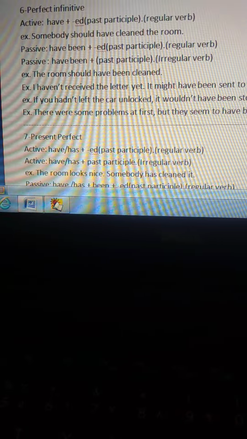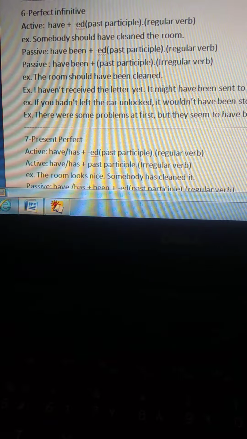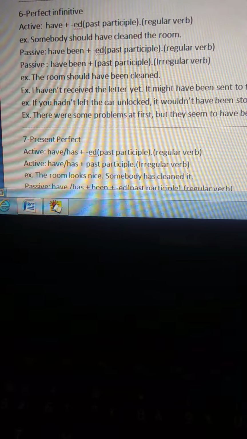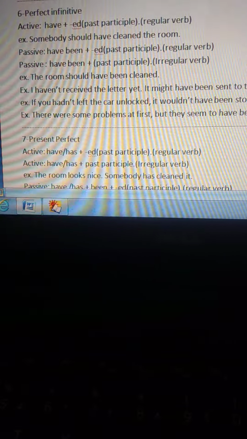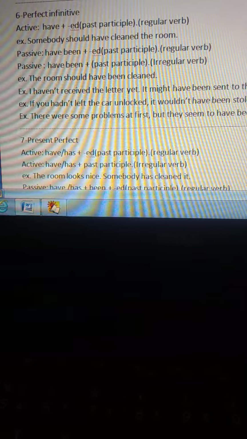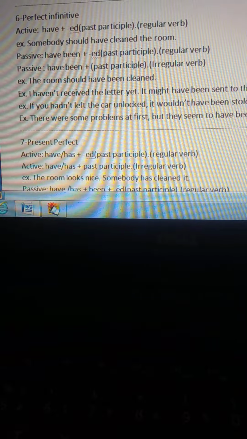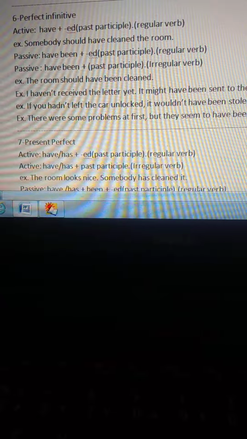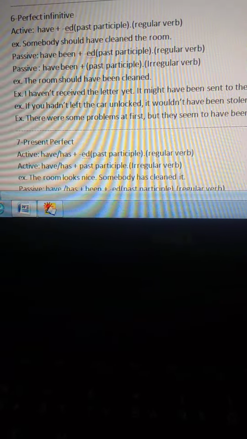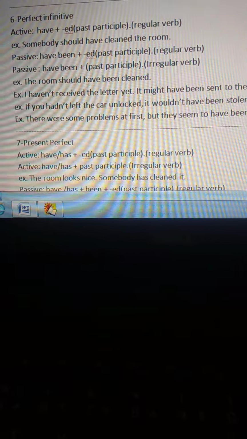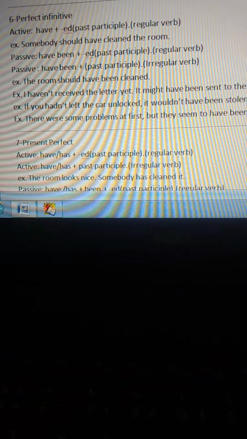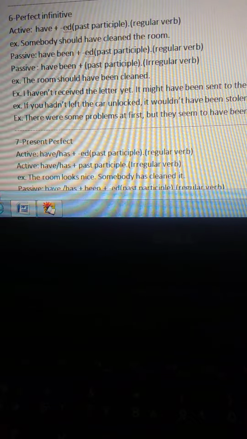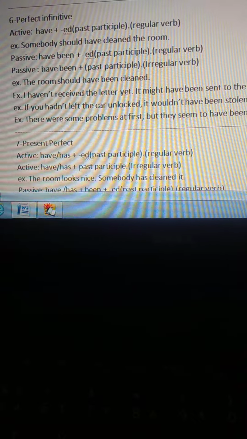Example: somebody should have cleaned the room. Passive: have been plus past participle, regular and irregular verbs. The first sentence: the room should have been cleaned.